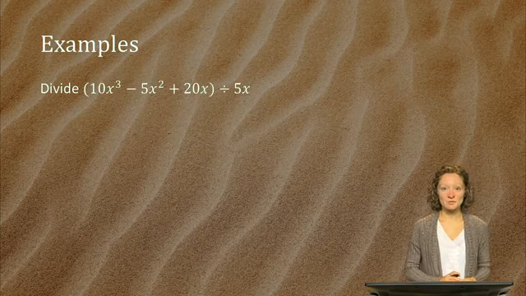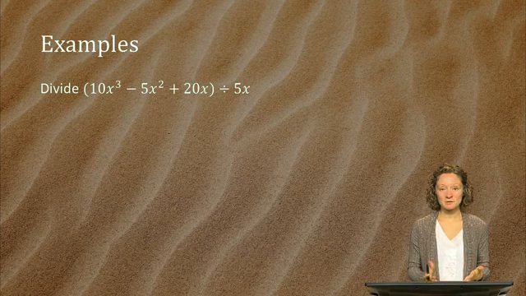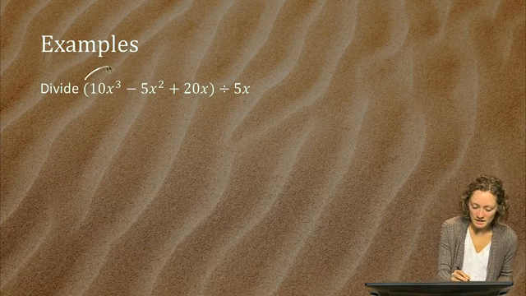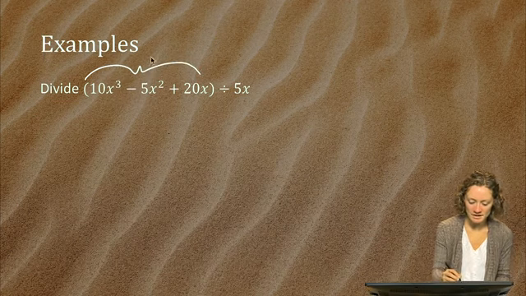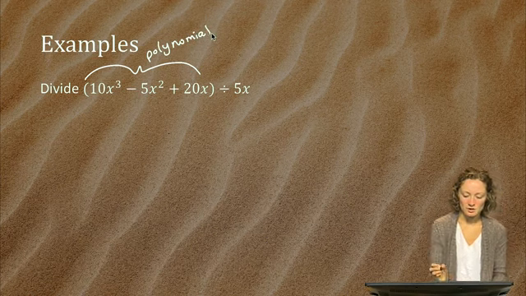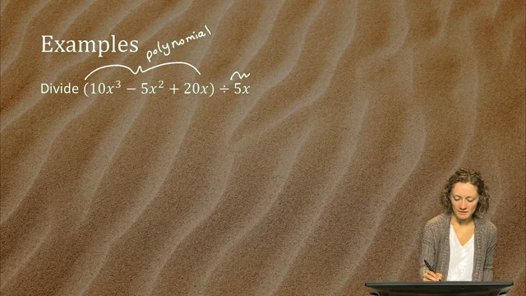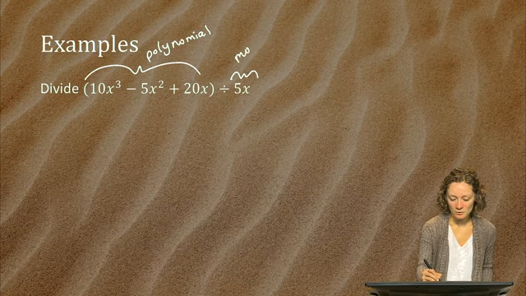All right, so here's our first problem. This problem is presented to you with the division symbol, and we can see that we are dividing, as the objective says, a polynomial, which just means many terms added and subtracted, by a monomial, one term.